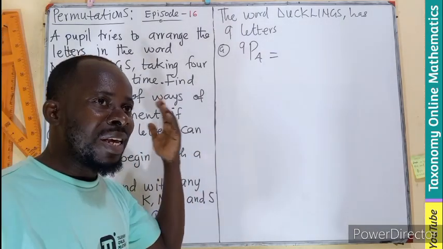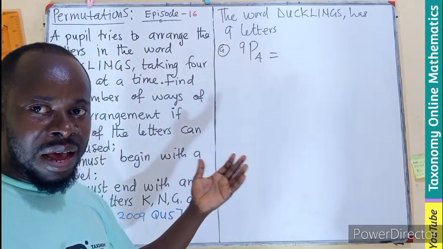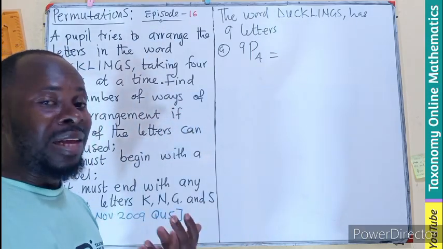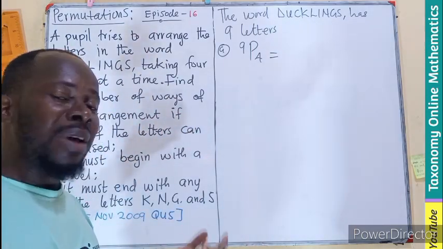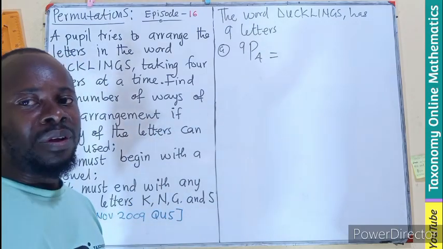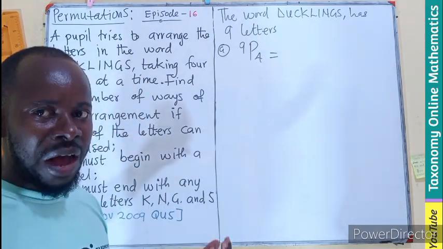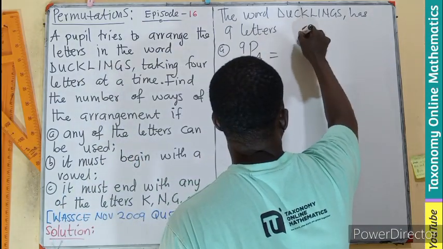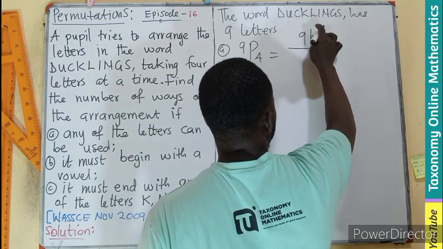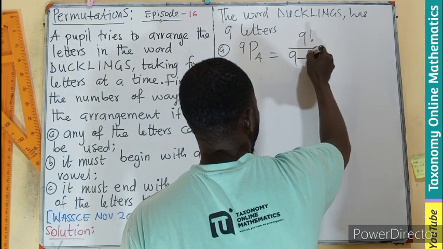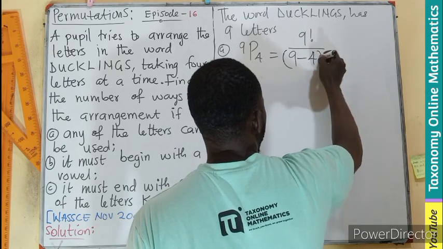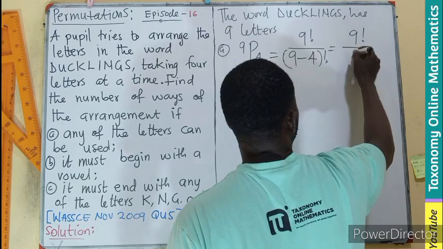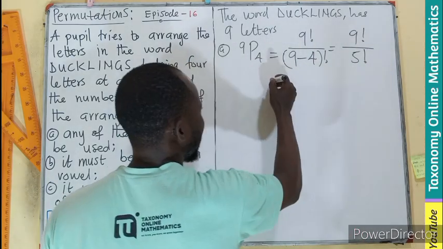That simply means in the first position of your word, all the 9 letters can be used. Then after that, you need to have 8, then 7, 6, in that order. So let's see how we can do that. This becomes 9 factorial over (9 minus 4) factorial, giving rise to 9 factorial over 5 factorial.